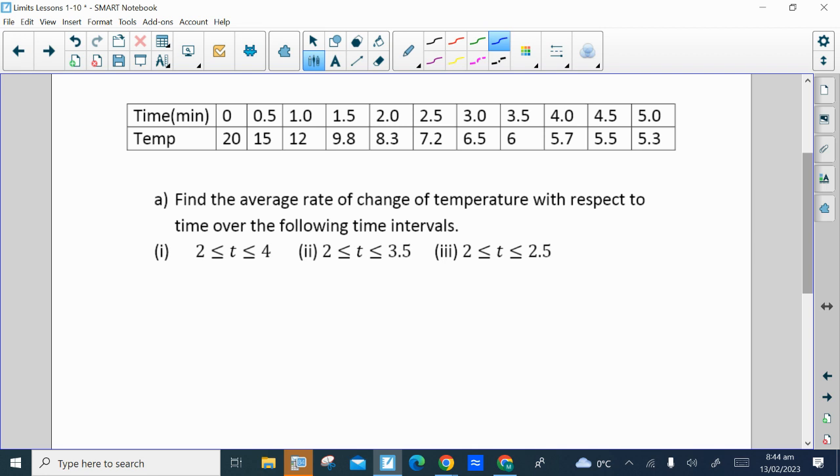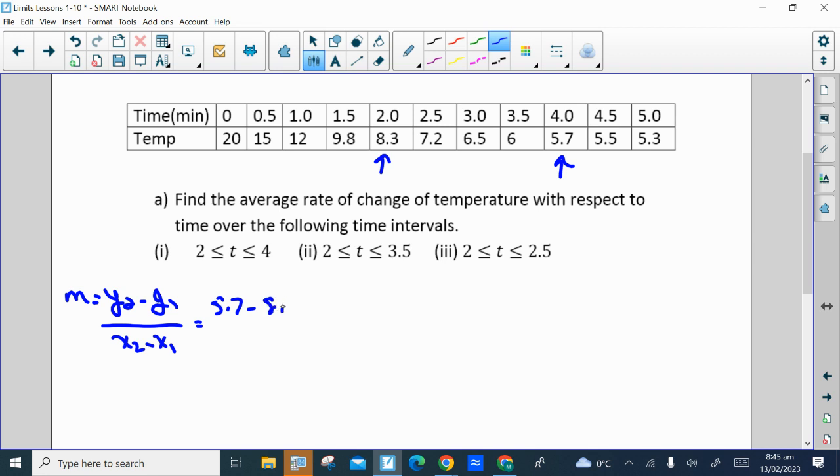So in part A, it wants us to find the average rate of change, and in part 1, between t equals 2 and 4 minutes. So again, we're just using the slope formula, which is y2 minus y1 over x2 minus x1. So between 2 and 4, our y2 value will be the temperature at 4 minutes, which is 5.7, minus y1, the temperature at 2 minutes, because we're finding the average rate of change for t greater than or equal to 2, less than or equal to 4.